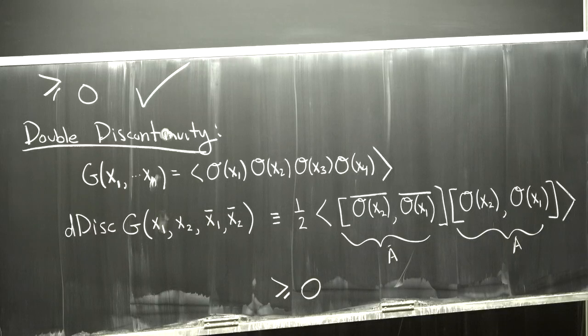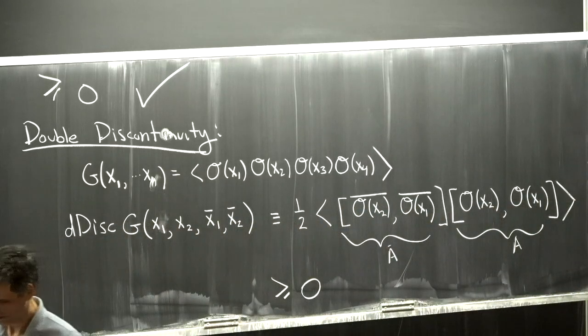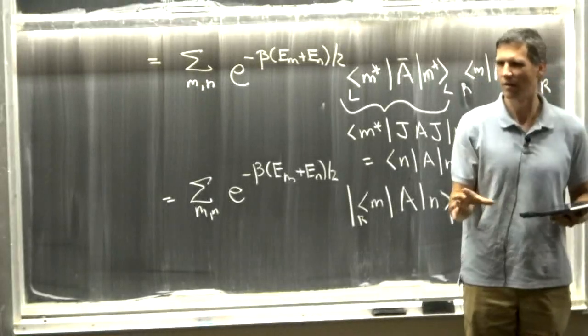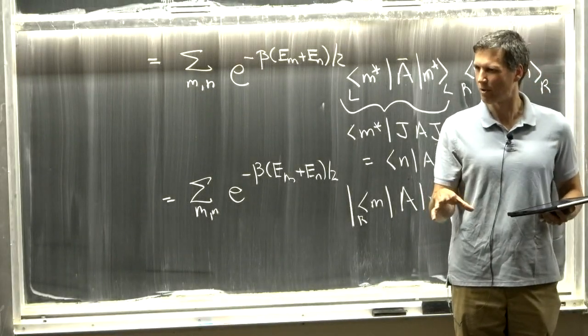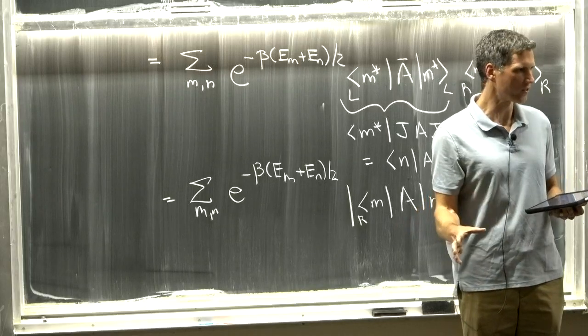So the importance of this object is that the double discontinuity plays a role in position space that's similar to the cross-section in momentum space for the scattering amplitude. You've probably seen some dispersion relations for scattering amplitudes, either in this summer school or elsewhere, where you express things in terms of the imaginary part of the amplitude, which is related to the cross-section.